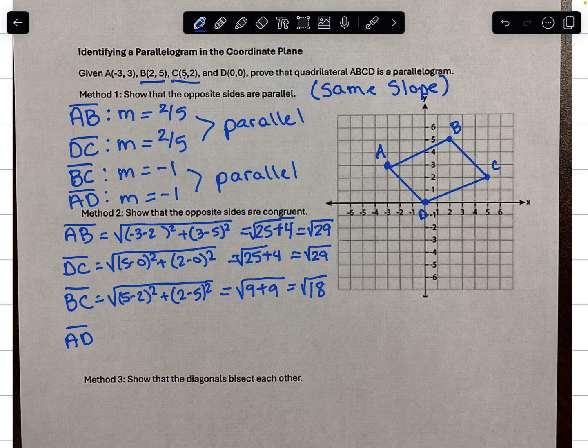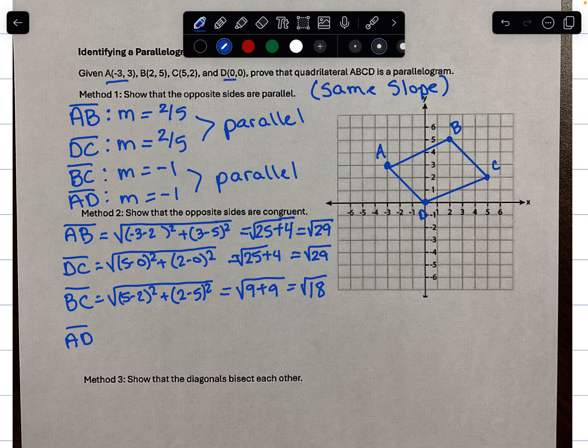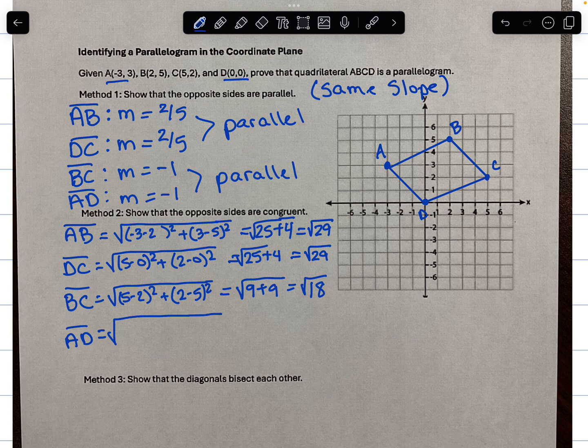Is everybody okay with the pace we're moving through this at? Just making sure I'm not losing anybody here. All right, last one. A and D. So negative 3 minus 0 plus 3 minus 0.